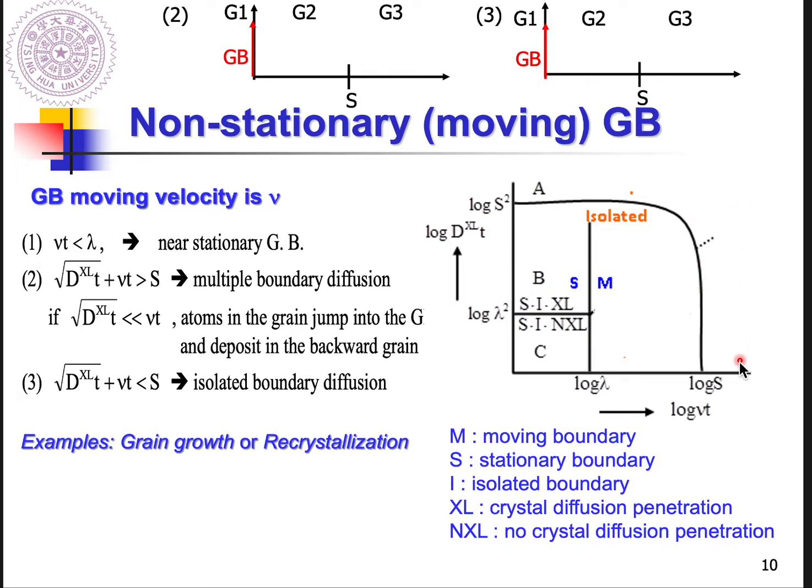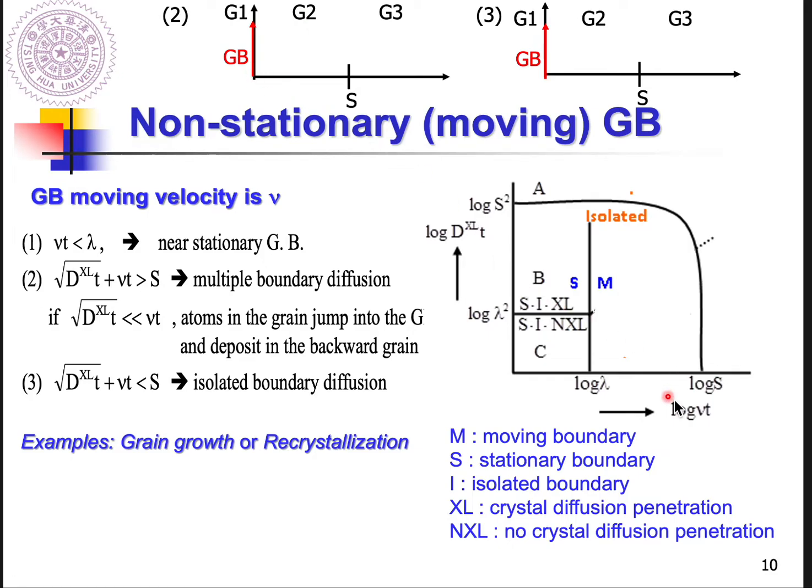If vt is larger than s, what does this mean? That means the moving distance of the grain boundary is larger than s. So for example, in this case, if we have grain 1 and this is grain 2, and this is the size of a grain, s, and there's a grain boundary between 1 and 2.